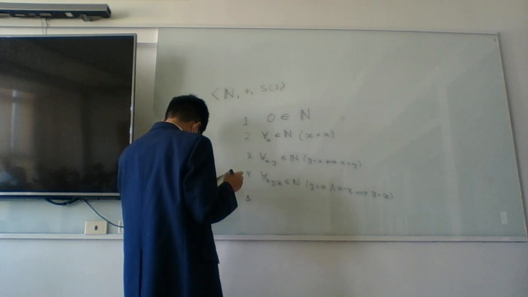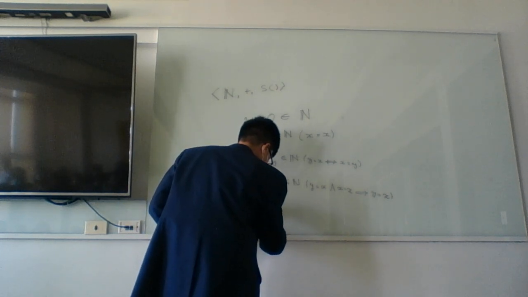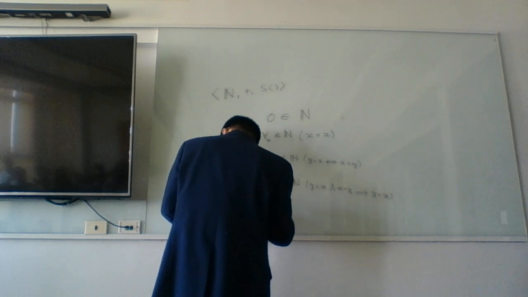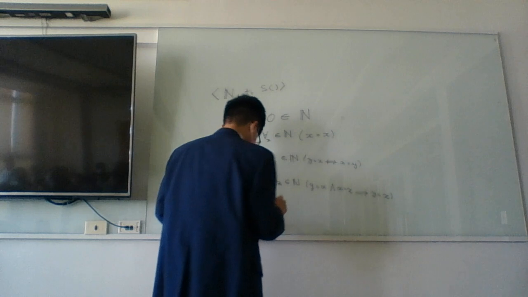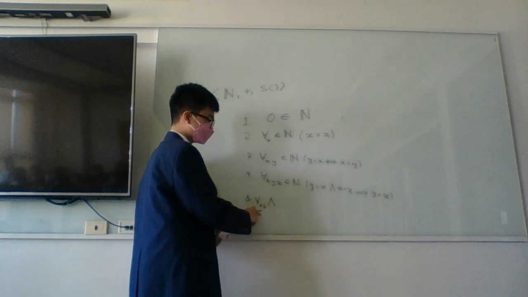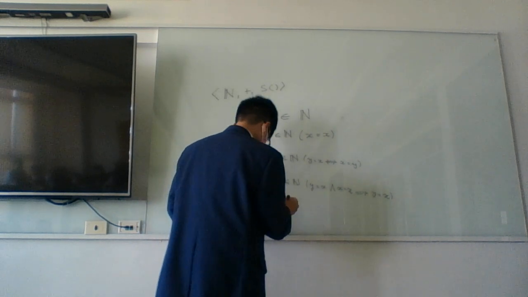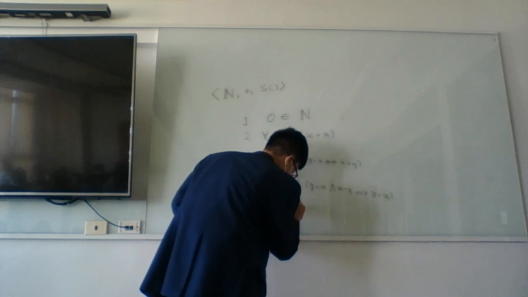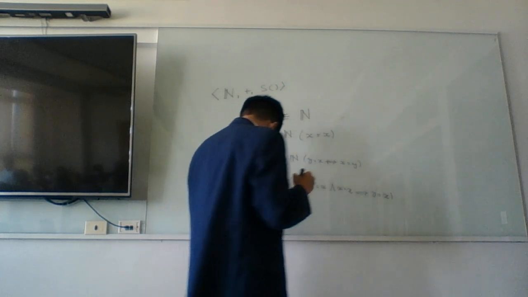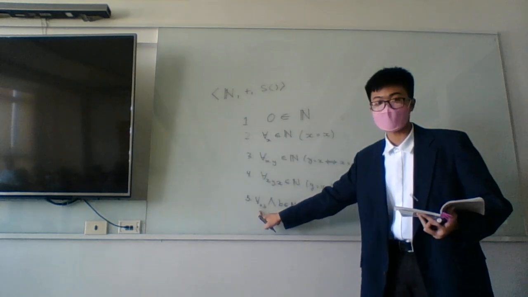The fifth one is that for all two symbols A and B, and B is an element of the naturals. Now we don't know just yet that A is part of the naturals.